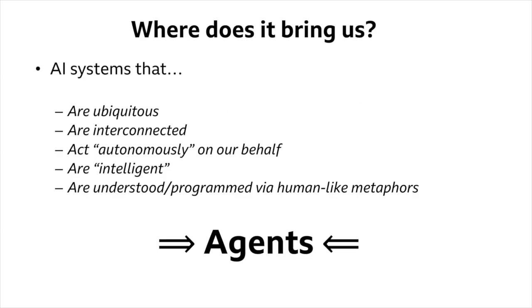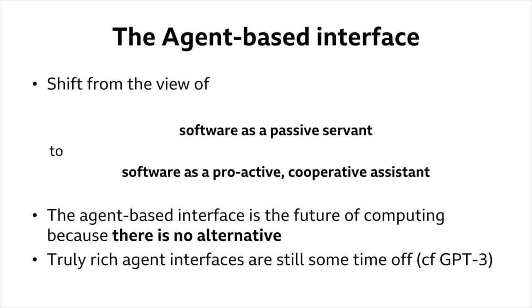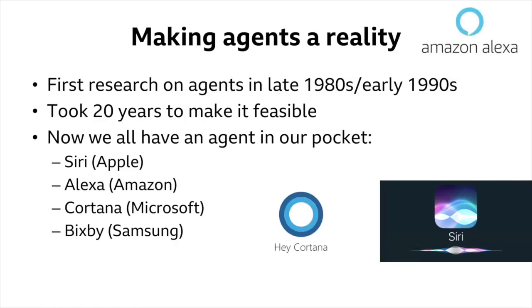That's the idea of having agents, AI systems, which are ubiquitous, interconnected, act autonomously on our behalf, are intelligent and understood and programmed by human-like metaphors. The idea of moving beyond passive servants to software as proactive cooperative assistants, we've seen a part of that version realized in the form of Alexa, Cortana, and Siri.